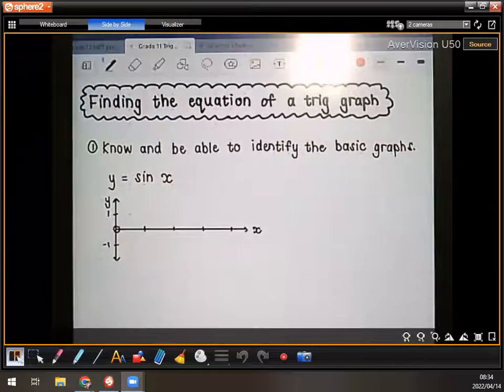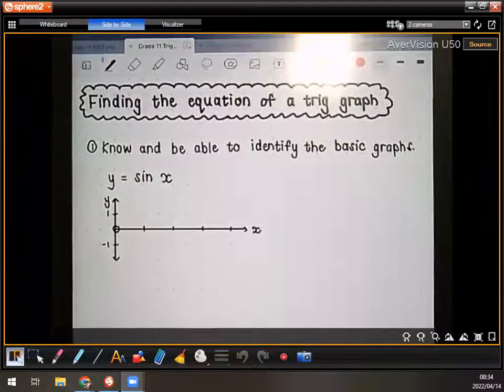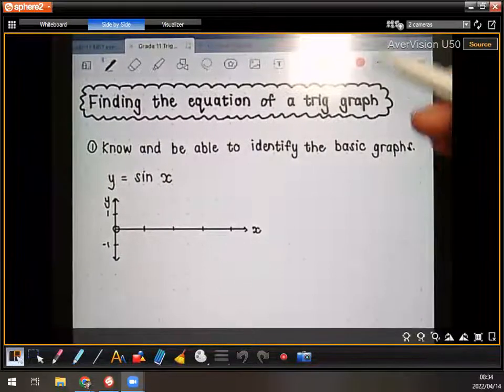Guys, for the normal sine graph, the period is 360, so the step is 90.